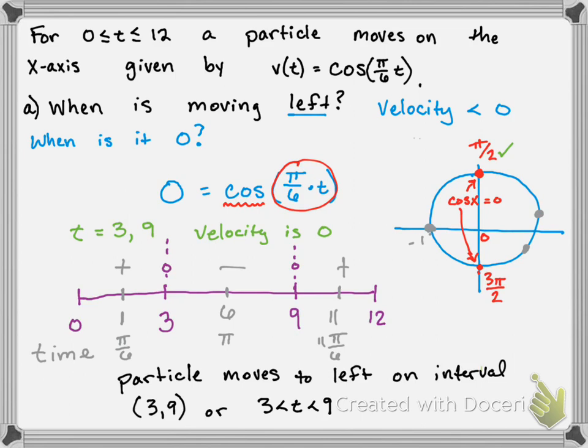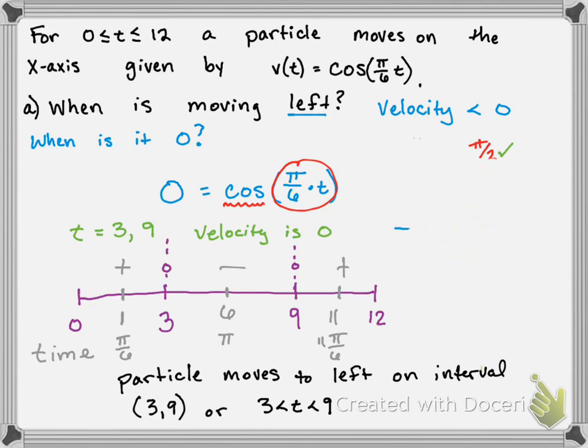Maybe we can understand this though. So we had a great question, and the question was, when is the particle moving to the right? If I had to answer that, between intervals 0 to 3 and 9 to 12. So if it moves to the left when the velocity is negative, it moves to the right when the velocity is positive. So 0 to 3 and 9 to 12?